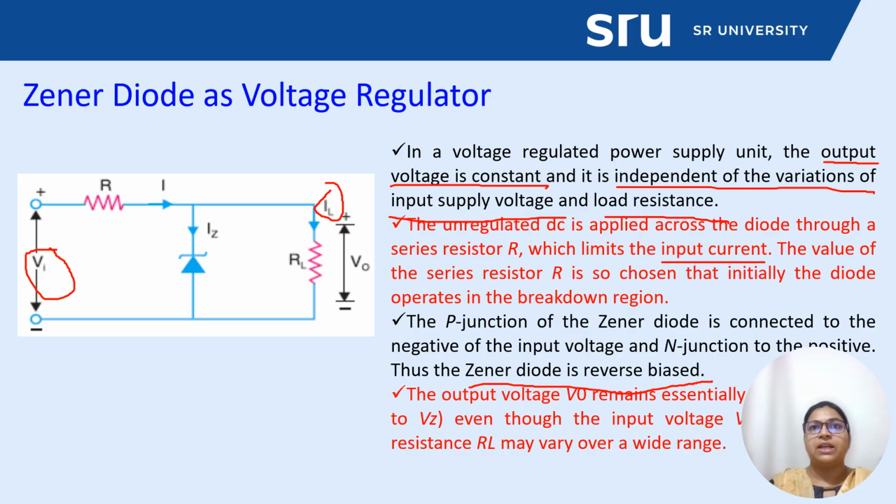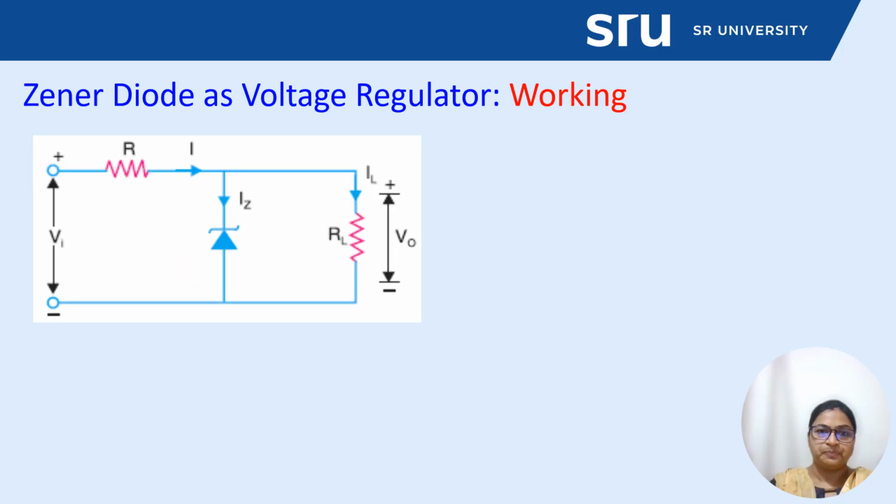So these are the basic features of the voltage regulator circuit connections. This is the circuit connection as we have seen.